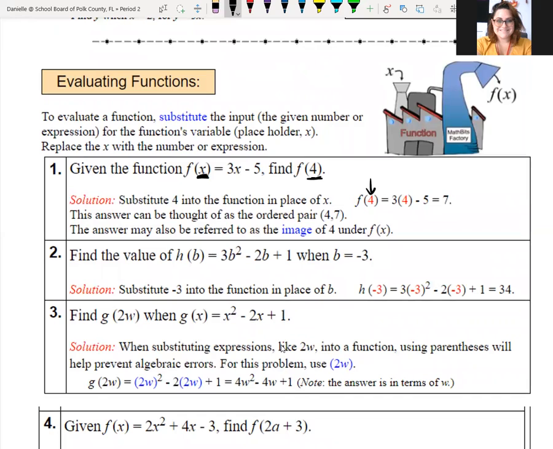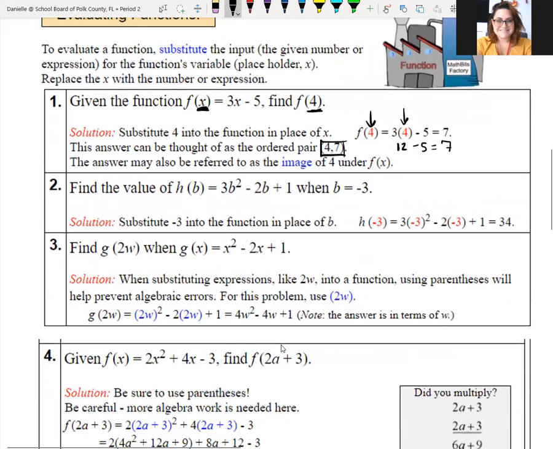So notice they changed the x to a 4, and then we're going to solve. So 3 times 4 is 12, and 12 minus 5 equals 7. So we could write it as the ordered pair 4 comma 7, or we could just say it solves to 7. There's a lot of different ways we could do it, but notice it still becomes x, y.